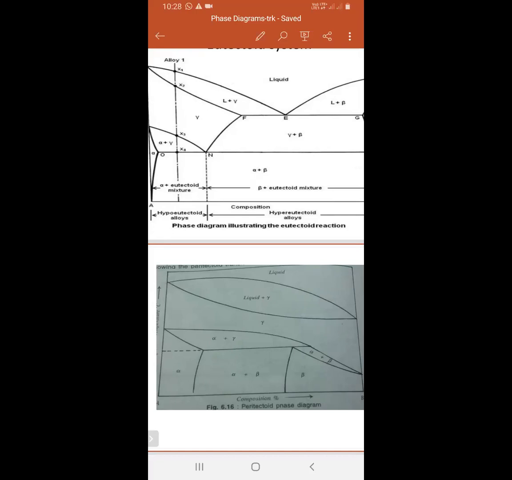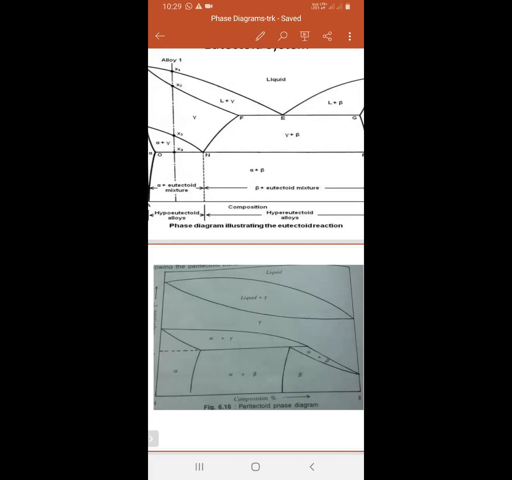Very good. It's very simple. Alpha plus gamma gives beta, sir. This is the peritectoid phase diagram, phase system. The remaining process is as usual compared to the previous one.